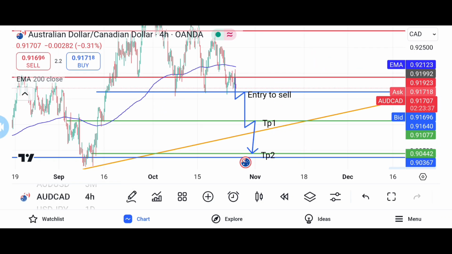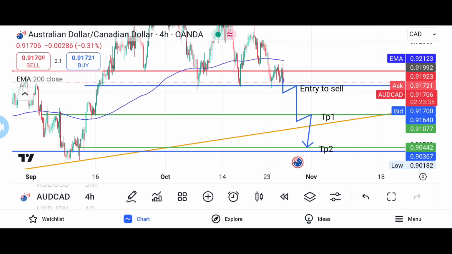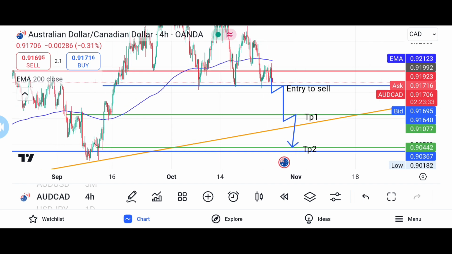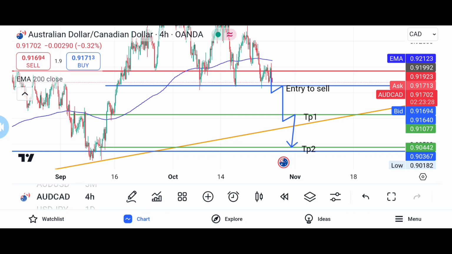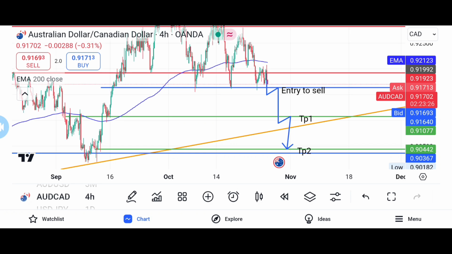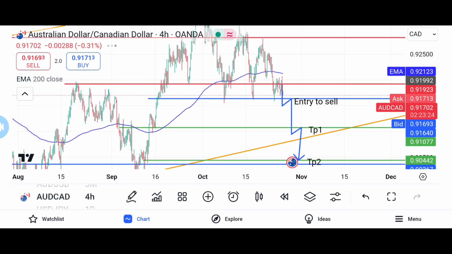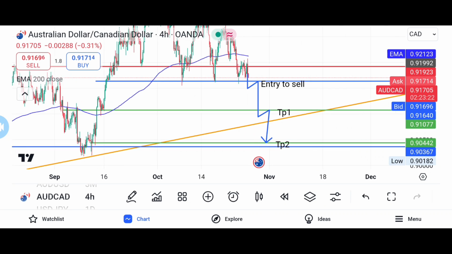Okay, so it will be like that. So guys, watch this pair very carefully, so that we can see if we can print dollars using this pair.